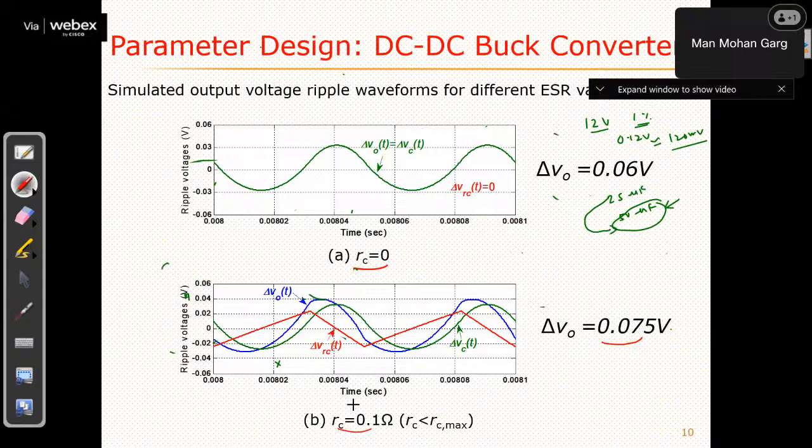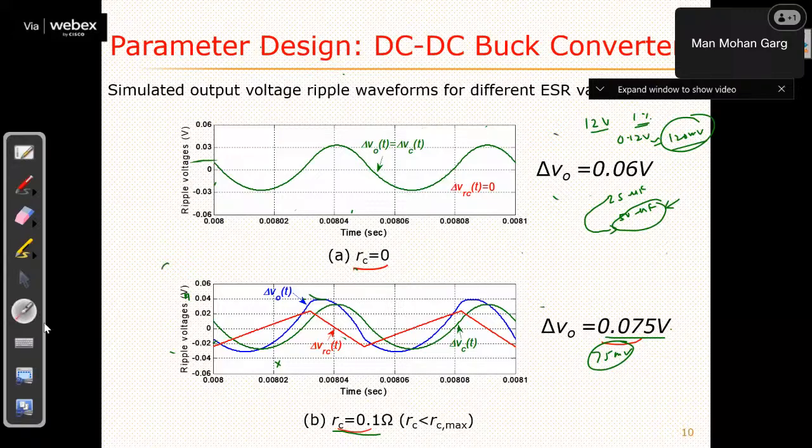Right. Now, if I keep capacitor value to be 50 microfarad only, and I increase its ESR to 0.1, then my output voltage ripple is 0.075 volt, that is 75 millivolt. So still it is within the limit. I can allow up to 120 millivolt, 1%, right? So this is also fine.